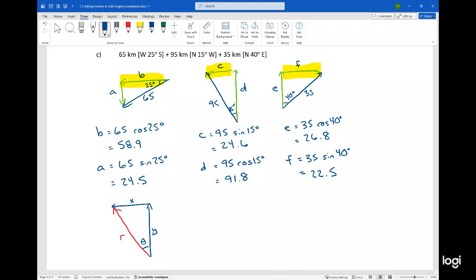So first of all, X looking like it's going to the west is going to be B plus C minus F, which is 58.9 plus 24.6 minus 22.5, which I think is 61 even, but let me just double check quick. 58.9 plus 24.6 minus 22.5 is 61.